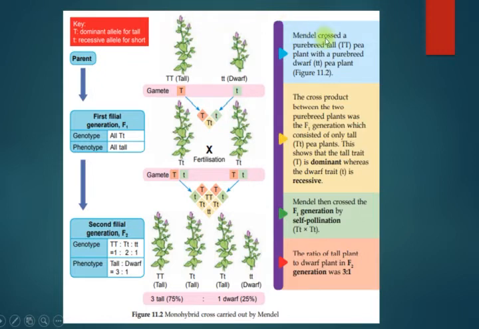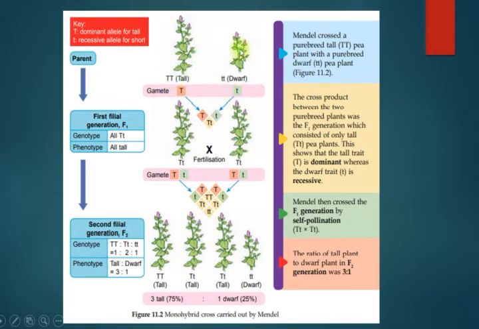Mendel crossed a purebred tall pea plant, which has tall traits, with a purebred dwarf plant, which has dwarf traits. So what happened when Mendel crossed the tall plant with the dwarf plant?